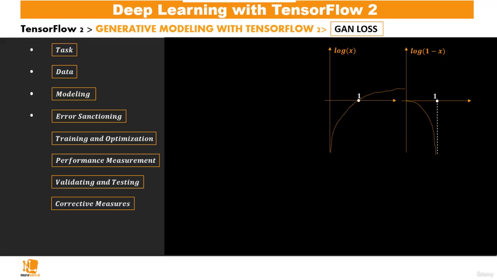Let's now get into the details of the minimax loss function presented in the paper. We have this loss for the discriminator. Firstly, we have to understand that the discriminator and the generator will have two separate losses, or your losses will be seen from two different perspectives. Now, let's start with the discriminator.